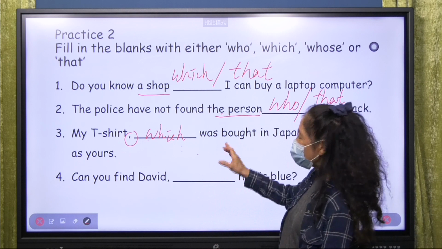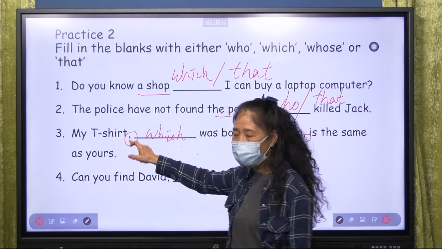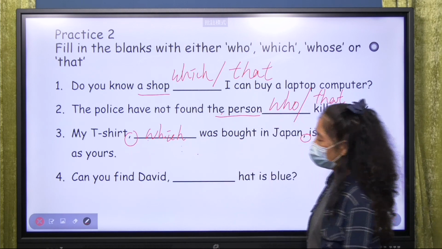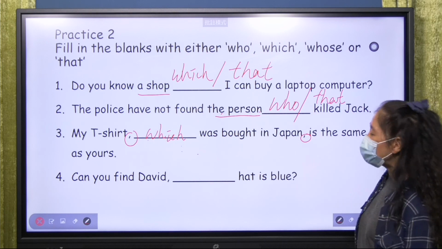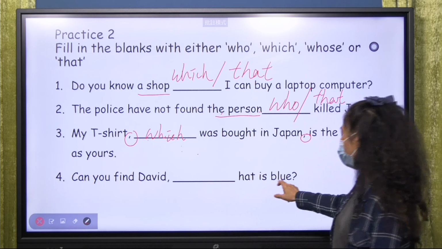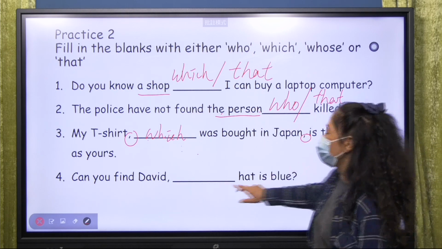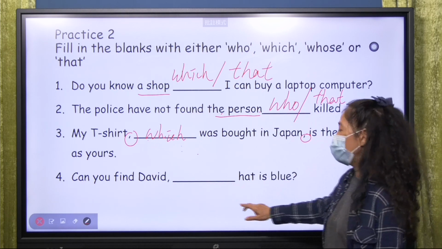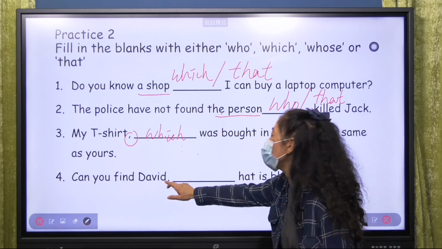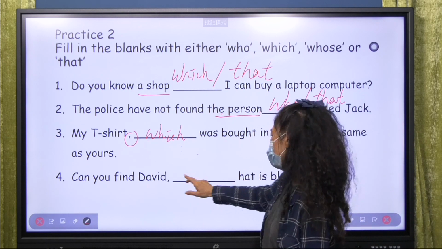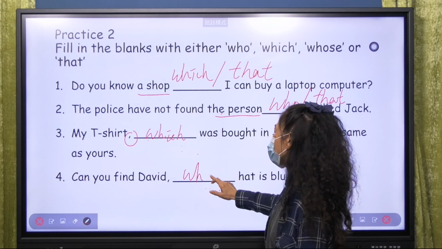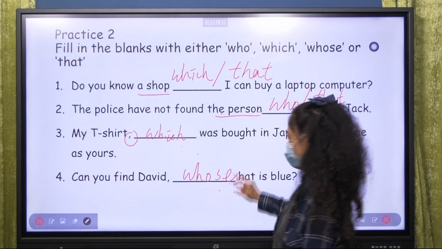No, because that cannot be used in a non-defining relative clause. The last one: can you find David, whose hat is blue? This is a non-defining relative clause, but I want to show someone's hat, his hat. So for possession, we use whose hat.